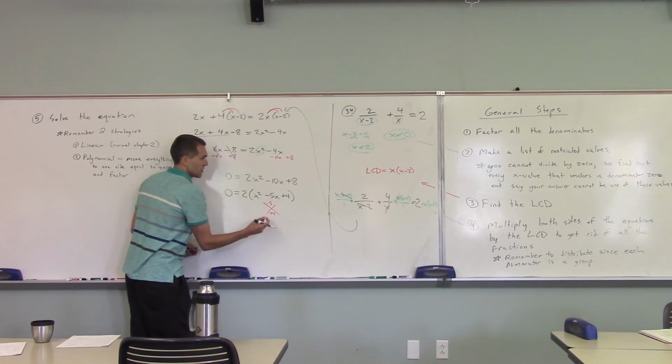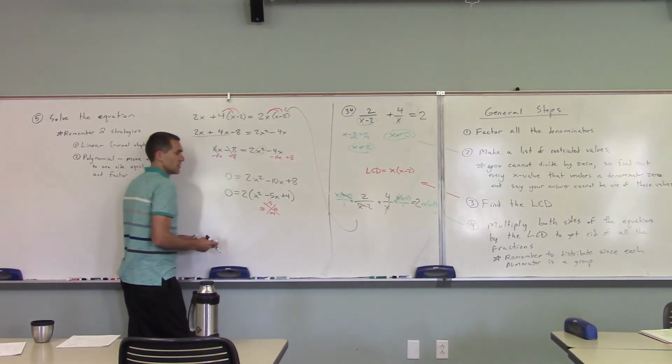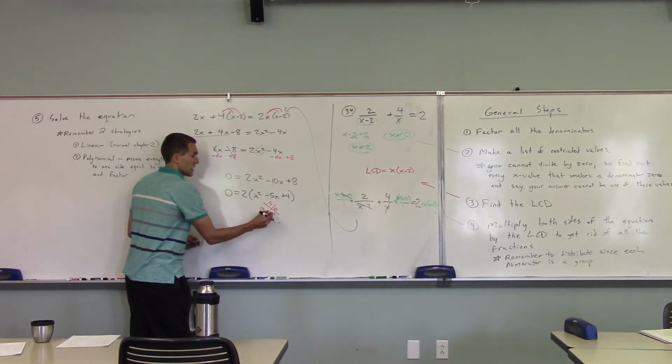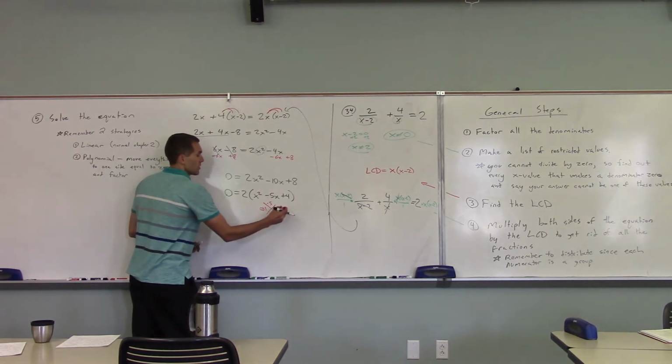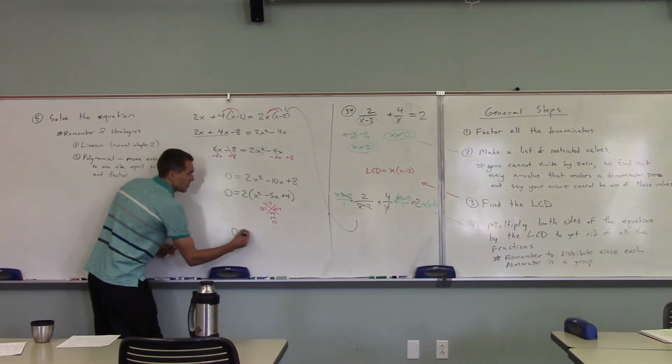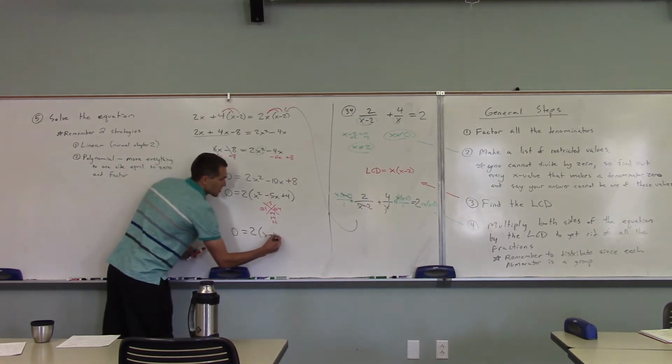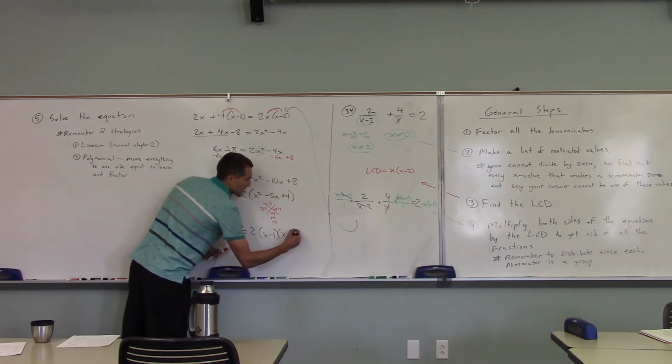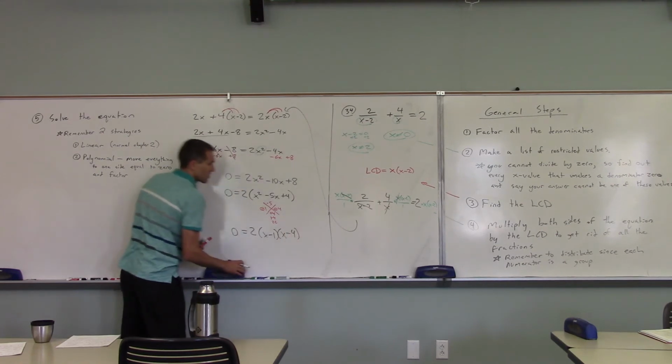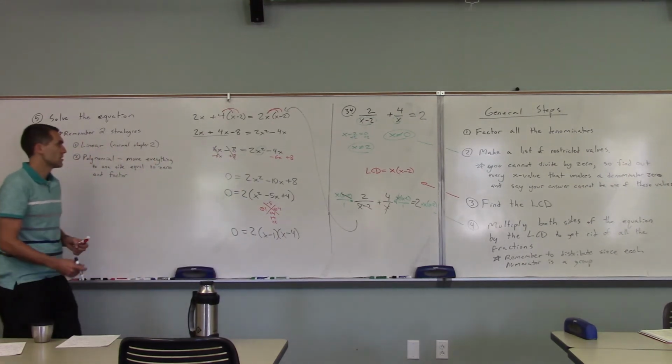So we get -4, -1. Exactly. It's either 1 and 4 or 2 and 2. So it was -1, -4. So we get 0 equals 2 times x minus 1 times x minus 4.